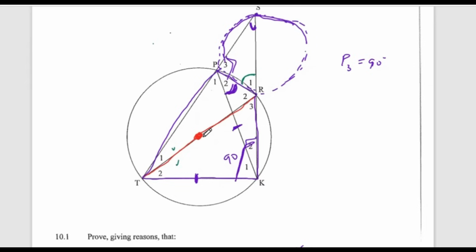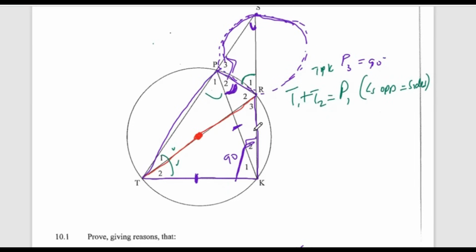Okay. And then, since they told us that TK is the same as PK, I'll start by saying that T1 plus T2 is the same as P1. Okay, this one is going to be angles opposite equal sides, because when I look at this triangle, that is in triangle TPK.